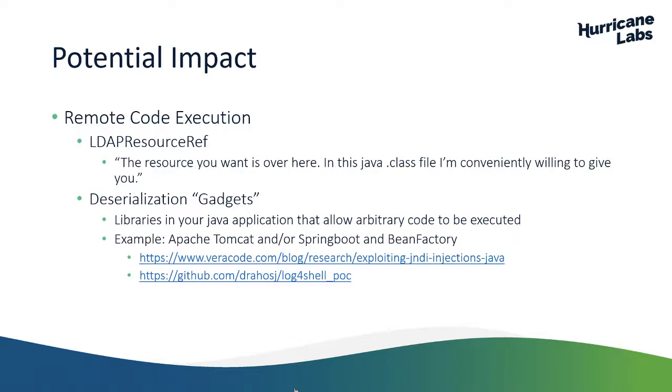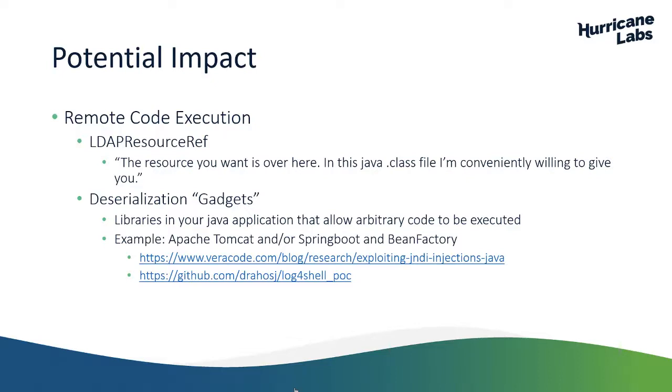What attackers do is set up a malicious LDAP server, so when this LDAP server receives a JNDI LDAP query, it will tell the vulnerable Java application, the resource you want is over here. It's in this class file. It's totally legitimate, just trust me. And if that Java application is running a vulnerable version of the Java runtime, it will gladly go and download that Java class file and run whatever's in it.